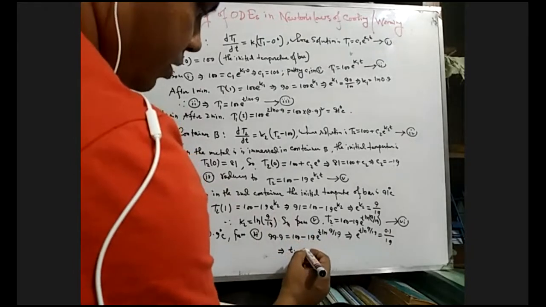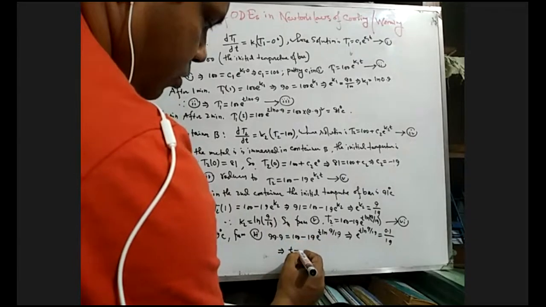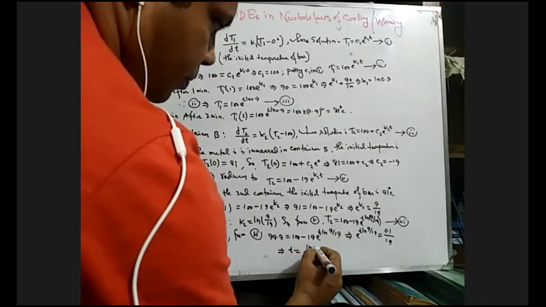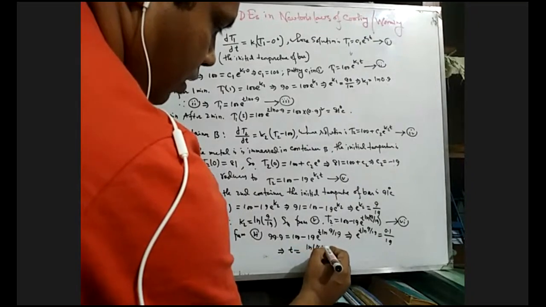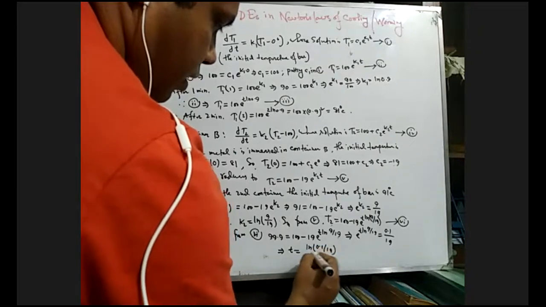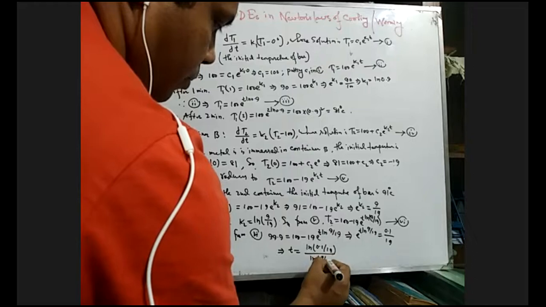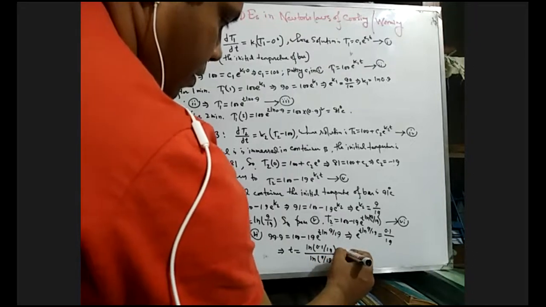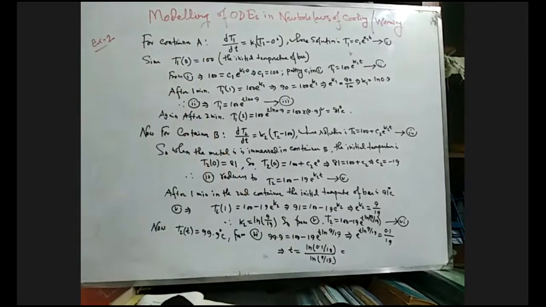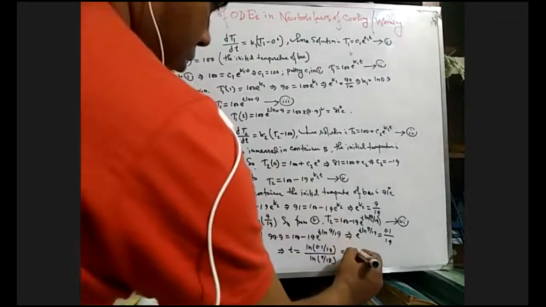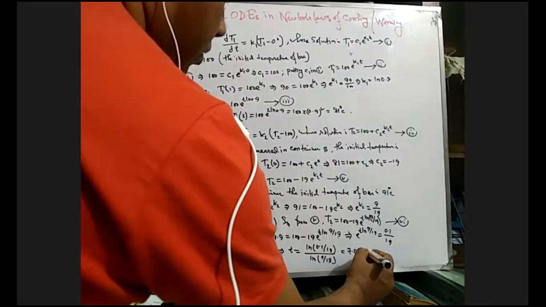Taking ln on both sides, t equals ln (0.1 by 19) divided by ln (9 by 19), which equals 7.02 minutes.